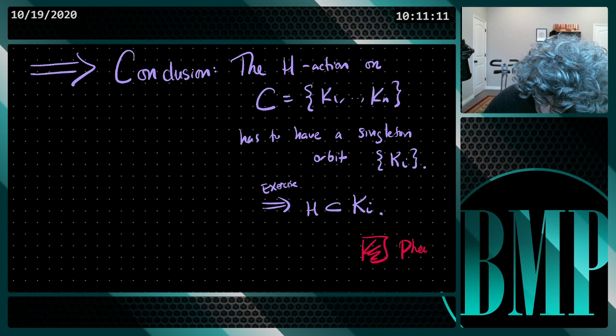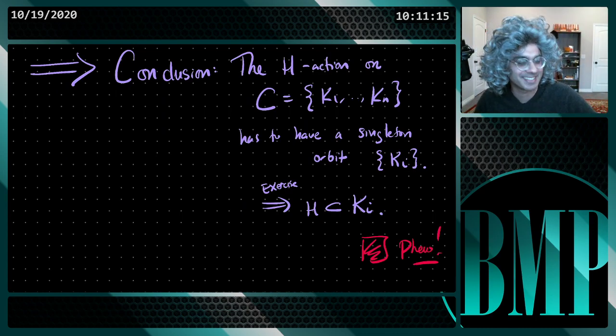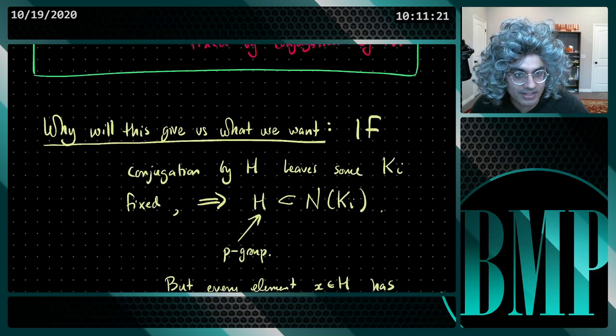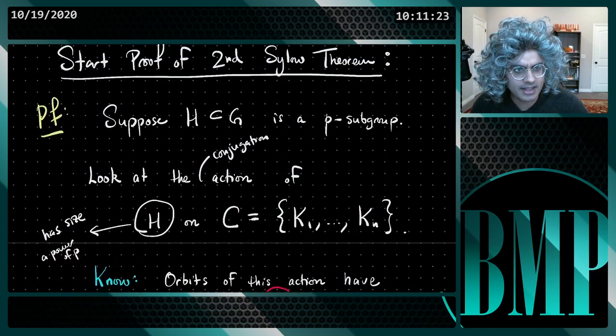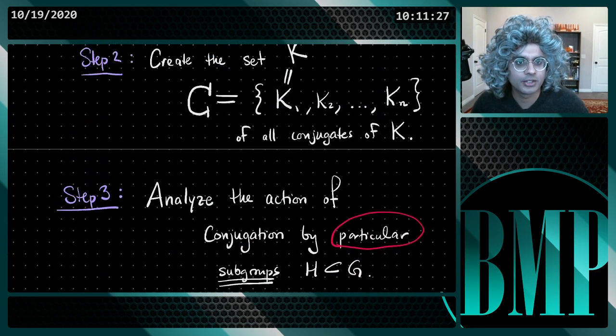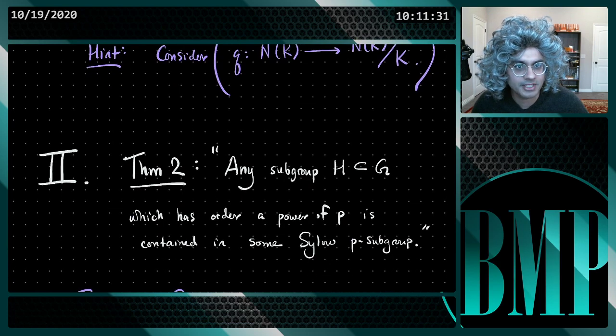Phew! I barely got through the second Sylow theorem. That's embarrassing. Okay, so we now have it. Every time you take a P subgroup of a group, you can upgrade it to a Sylow P subgroup. That's the statement of the second Sylow theorem.